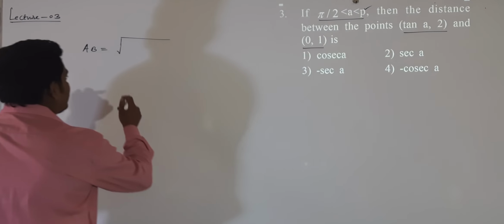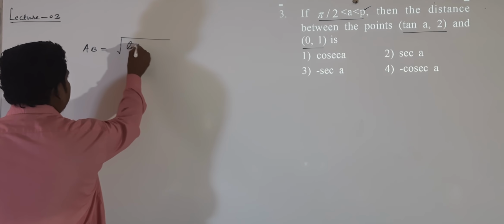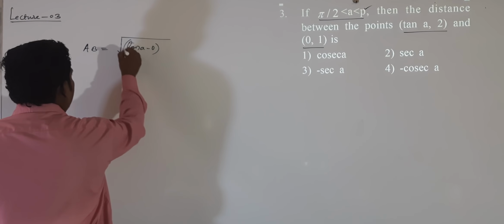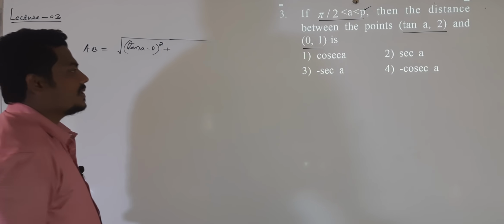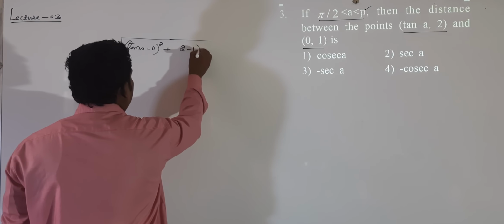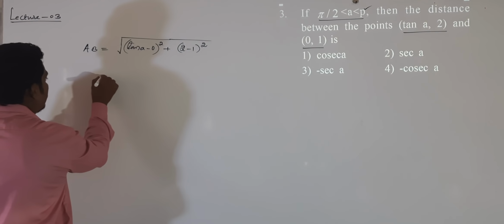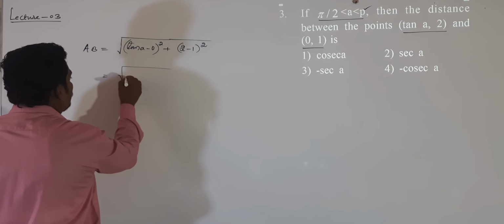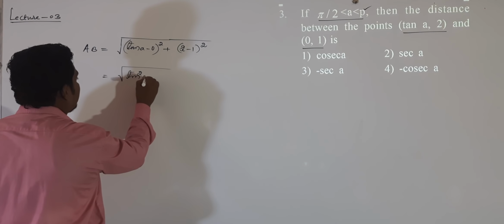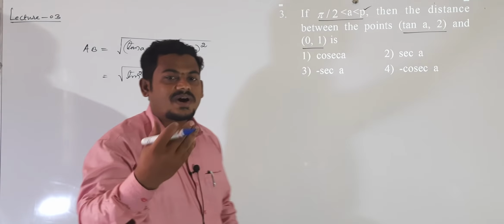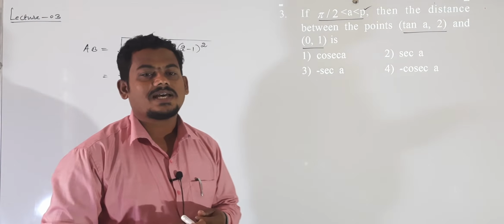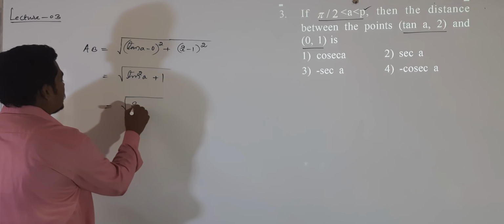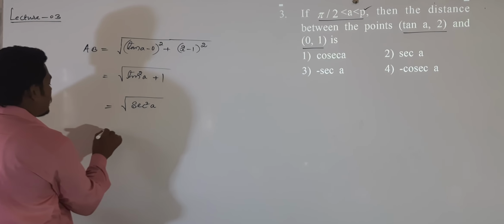Then tan A minus 0 whole square plus 2 minus 1 whole square, which implies square root of tan square A plus 1. Already you know the formula, 1 plus tan square is very familiar, that is secant square A.